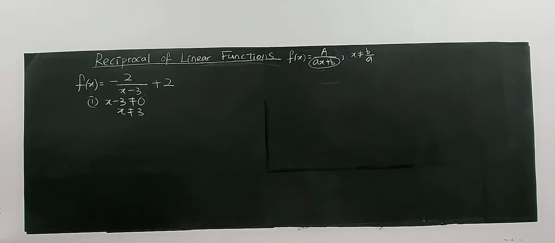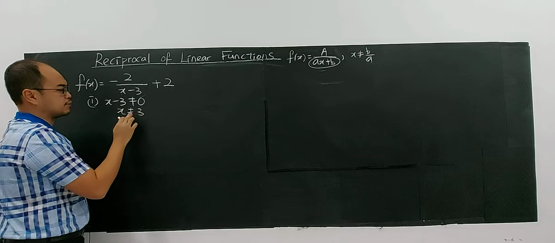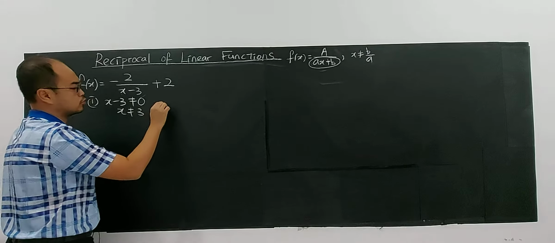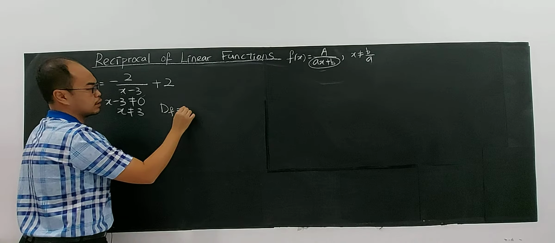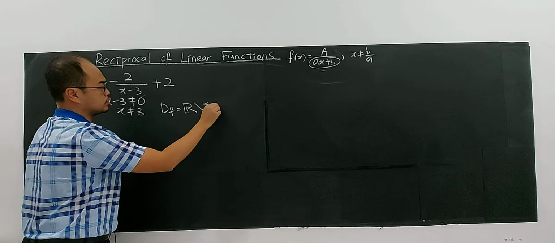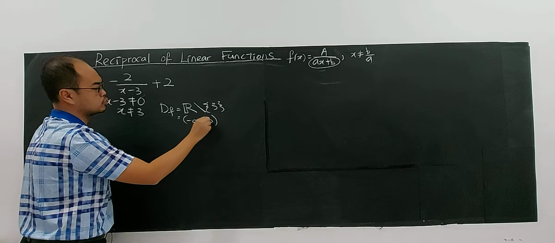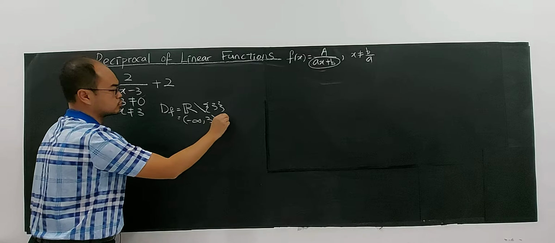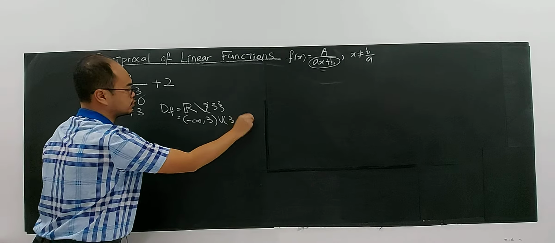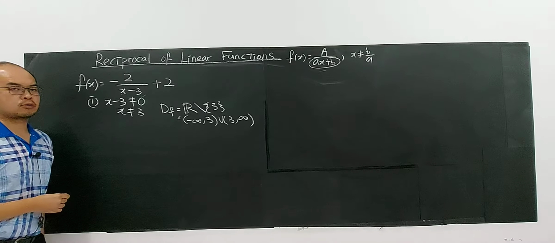So x can take any value except 3. The domain of f will be any value except 3, or you just write negative infinity up to 3, excluding the 3, and up to infinity. This is the way you identify the domain for a reciprocal function.